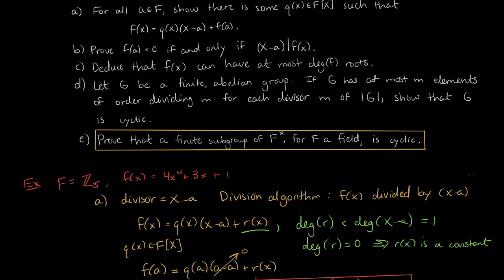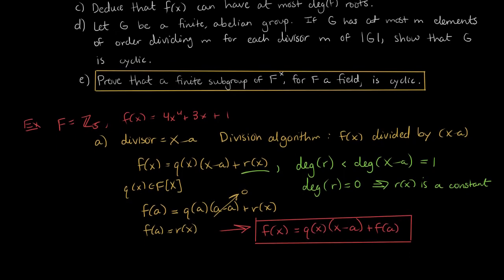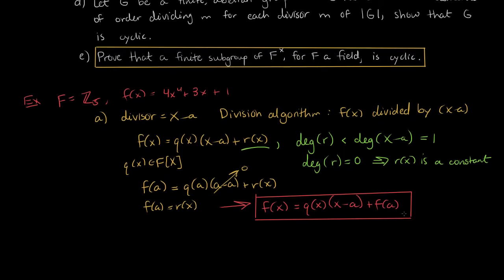So part B says, prove that f of a equals 0 if and only if x minus a divides f of x. What it means for something to divide a polynomial is that we can use the division algorithm and r of x, this remainder, equals 0. So something divides is just analogous to the remainder equals 0.